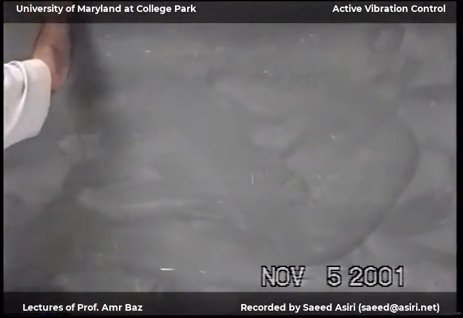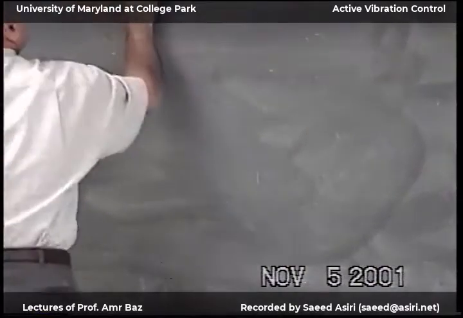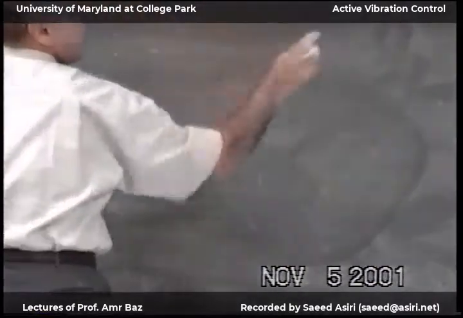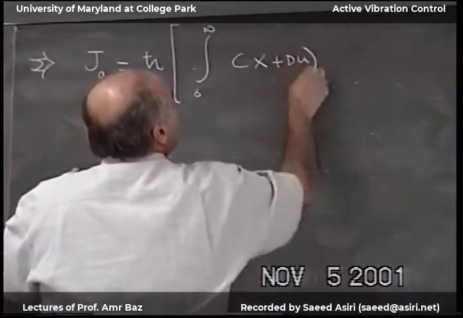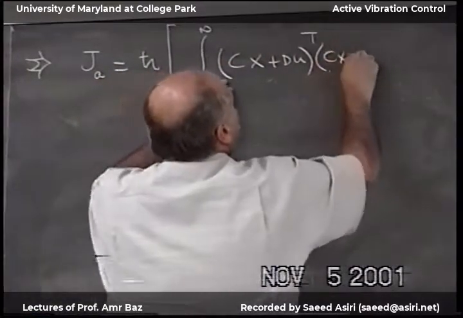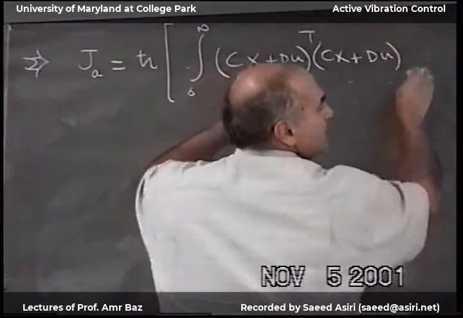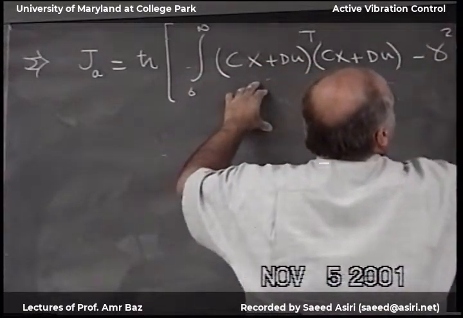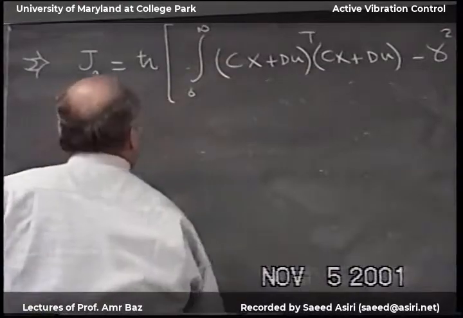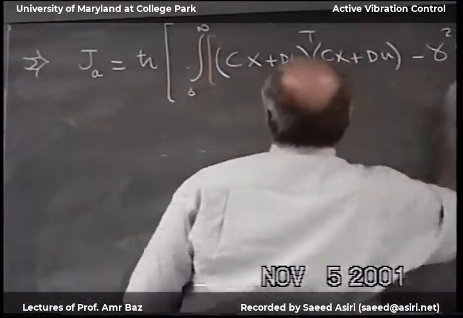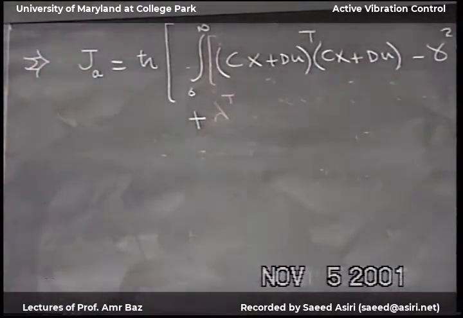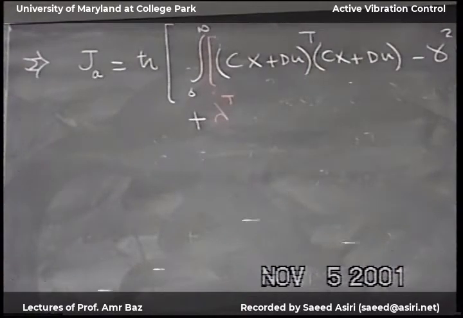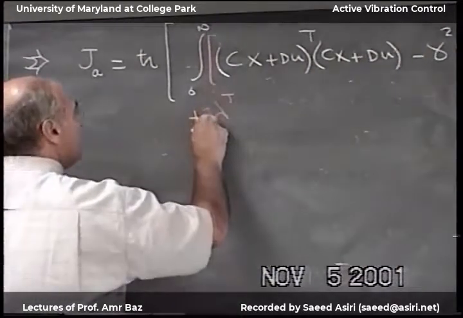So now, J_A will equal the trace integral of y transpose y, which is right here: (Cx + Du) transpose (Cx + Du) minus gamma squared W transpose W. And then plus lambda transpose, and I'm going to make this also 2 here, multiplied times 2.